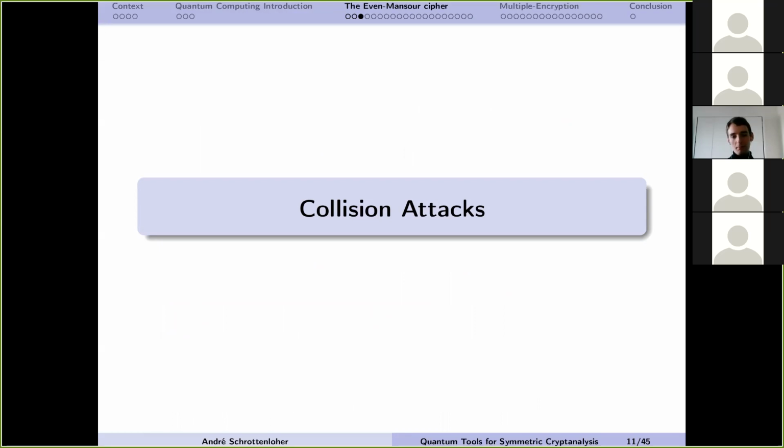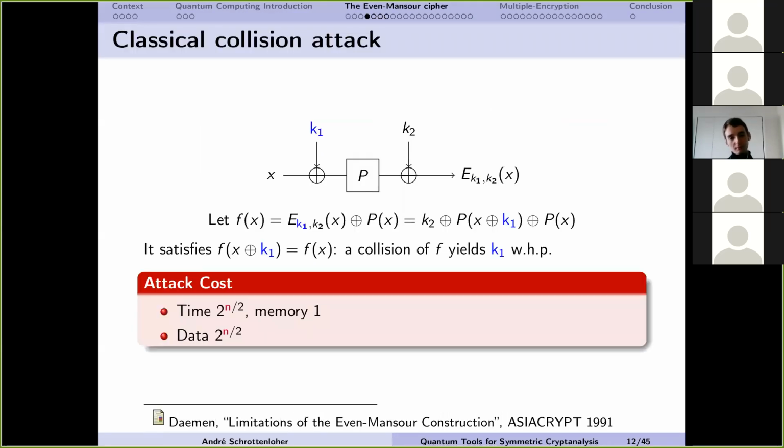that are based basically on finding a collision. So the first classical collision attack is simply remarking that if you take this cipher and XOR the public permutation to it, then you have a function that is periodic, and it basically contains the period K1.